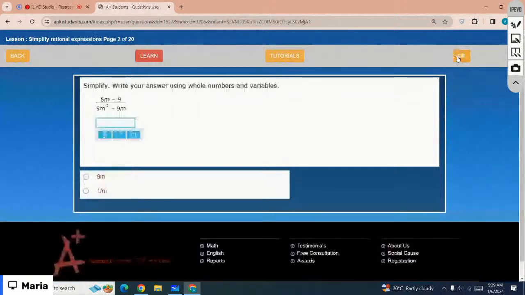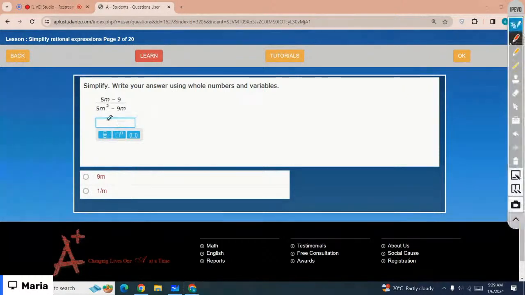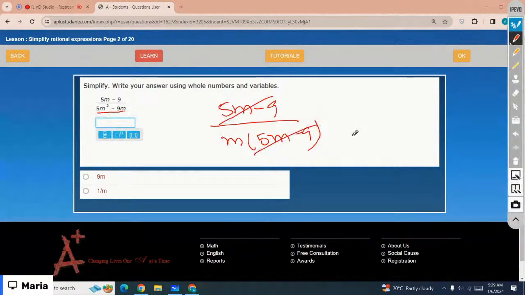Okay, the next one is simplify 5m minus 9 divided by 5m square minus 5m. So you can see the denominator. From the denominator we can take common m. Here you have m common and you are left with 5m minus 9. So 5m minus 9 and 5m minus 9 cancel out each other, right?